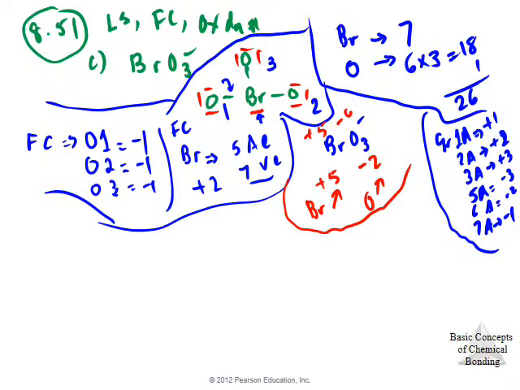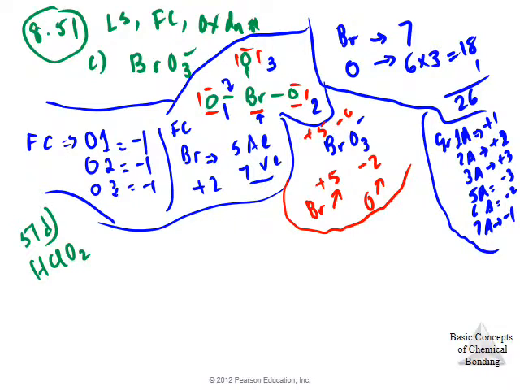The next question I'm going to do, within that space that I have, is 51D, which is HClO2. So that's D. Question 51D is HClO2.